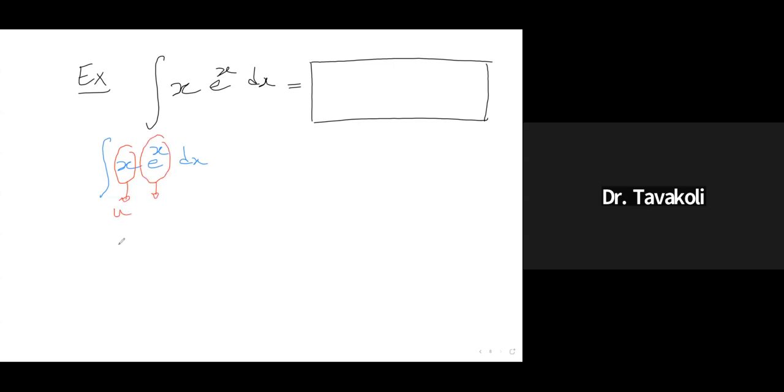So u is x, therefore u prime is what? v prime is e to the power of x. Do you remember what the antiderivative of e to the power of x was? It is again e to the power of x.